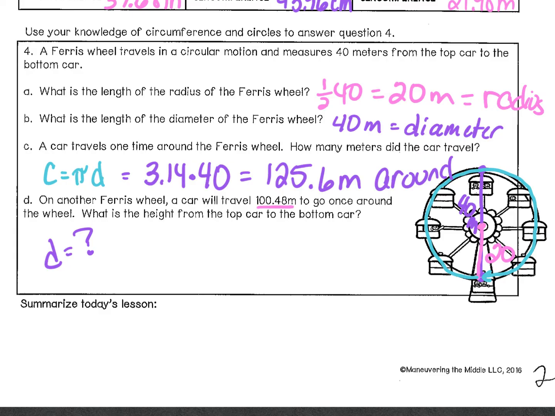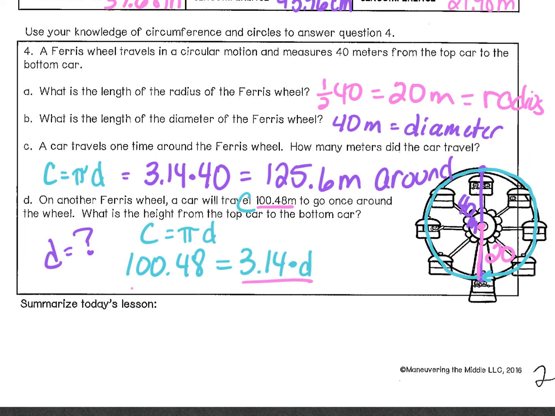Well, first let's plug in what we have. We know circumference. We'll do circumference is equal to pi times diameter. This is circumference. That's 100.48 is equal to, and we got 3.14 times d. Okay, we're looking for d. That's times.